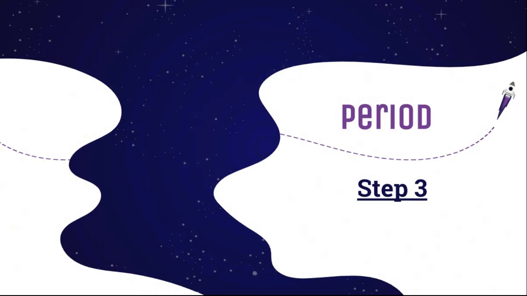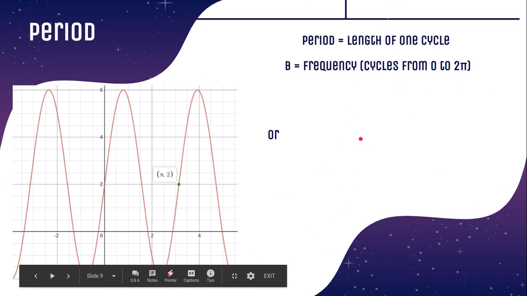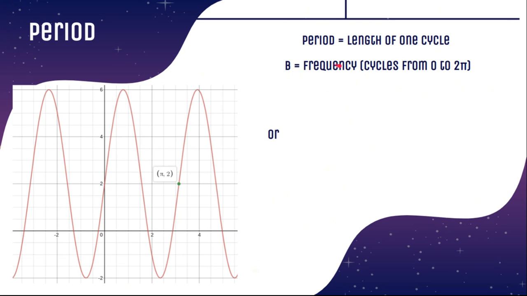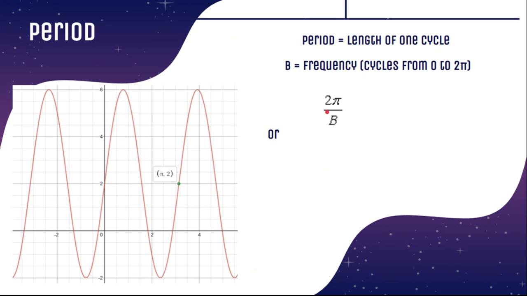Now finally, the period of the graph. Step 3. The period within a sine function is the length of one cycle. And in a basic sine function, the b, or the frequency of the graph, is needed to complete the equation for period, which is 2 pi over b.